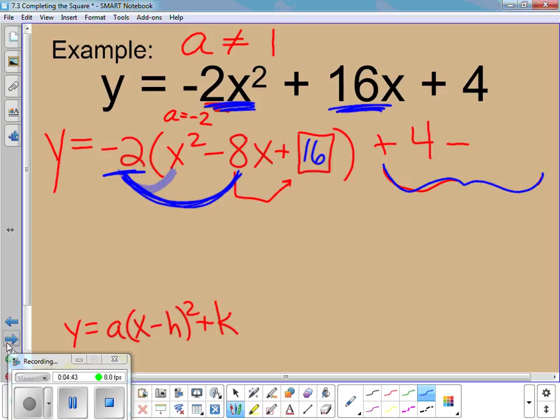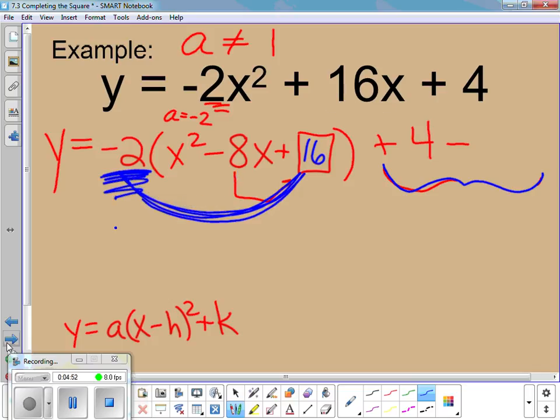So you have to consider this. What are we really putting in here? Not 16, but -2 times 16. Yeah, the net effect is we've added -32 to the problem. In other words, we've subtracted 32. So how do you counterbalance it? You add 32.